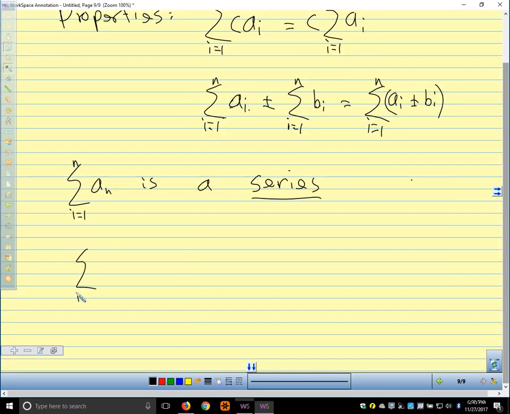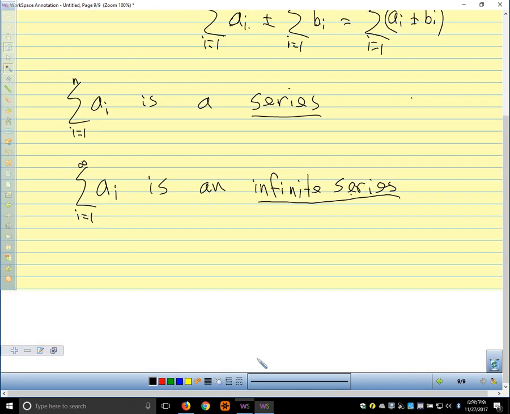If we add up an infinite number of terms, sorry, this should be i, we call it an infinite series. And an interesting thing happens with infinite series, because we can sometimes add up an infinite number of terms and get a finite number.